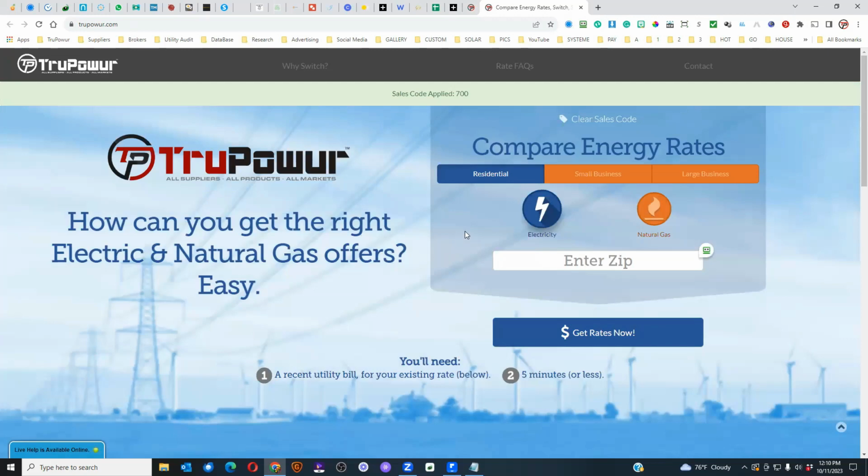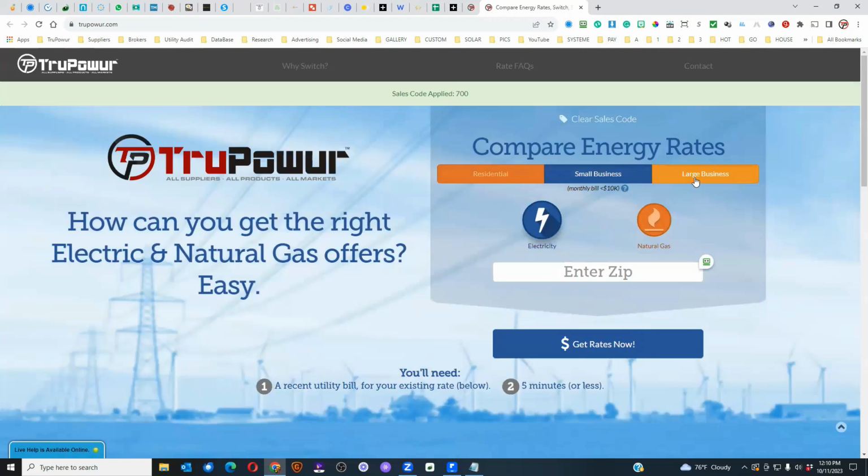From here, you have residential, small business, and large business. They're basically the same. The only thing that is an identifier is that if somebody were to click small business, it is typically looking at any kind of monthly bill that is a spend of $10,000 and under.